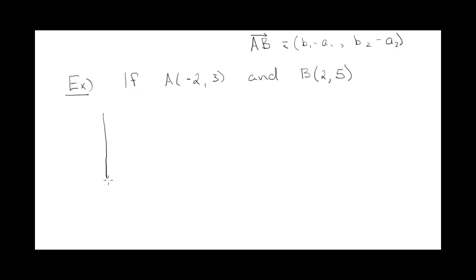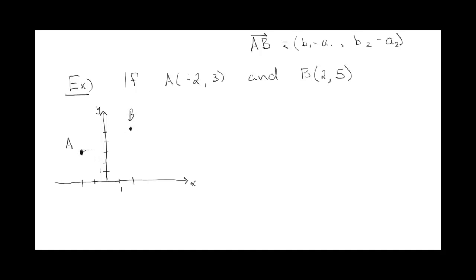So let's draw that. So minus 2 would be over there. So 1, so minus 2, 3. Point A is right around there. And point B, 2, 5, would be the point around here.